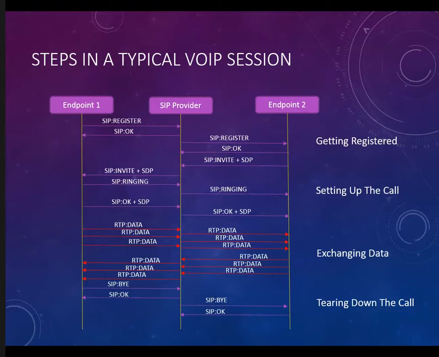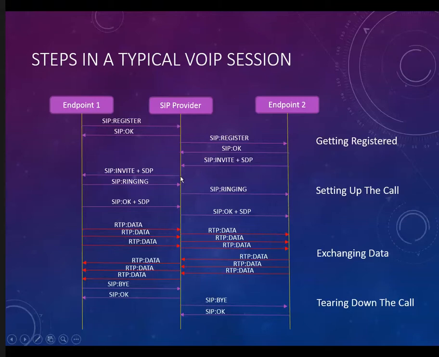Here are the typical steps in a VoIP session. This is a standard activity diagram. If we go to the beginning, endpoint 1 has to register with a SIP provider, and then in this case endpoint 2 also registers with a SIP provider, and at a certain point endpoint 2 is going to invite endpoint 1 into a call, and that's this line here.